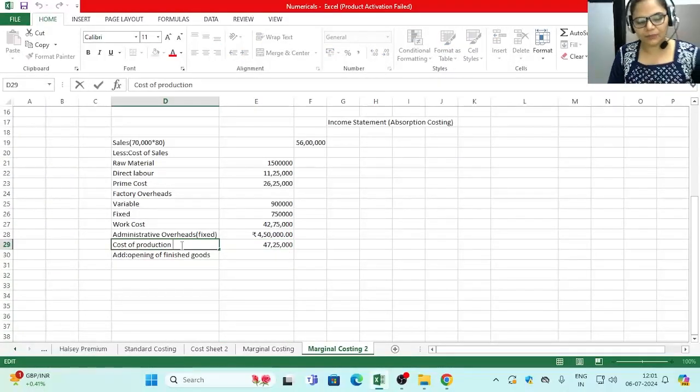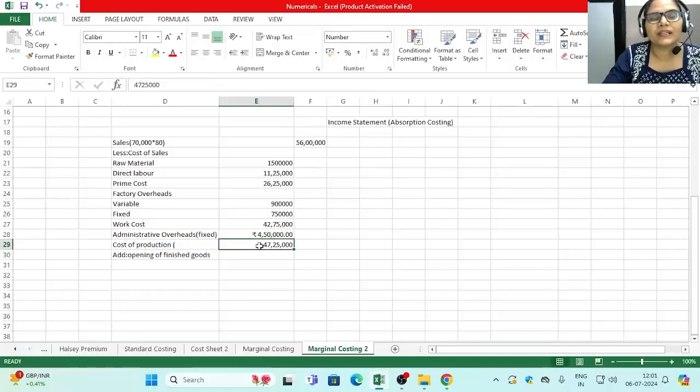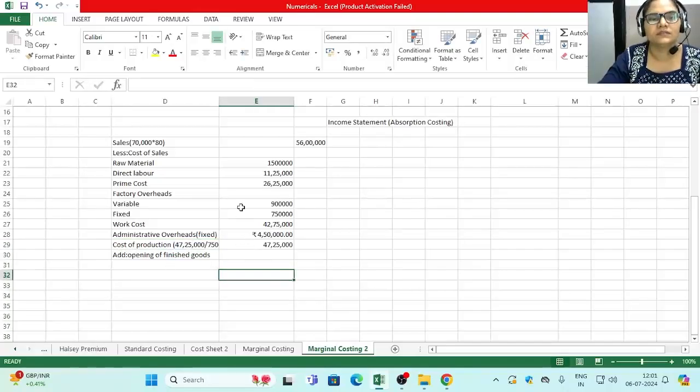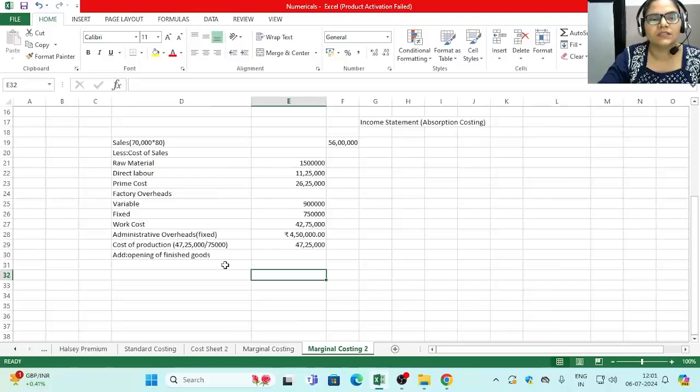Now what will be the cost per unit? We will divide 47,25,000 by 75,000, and we will get rupees 63.